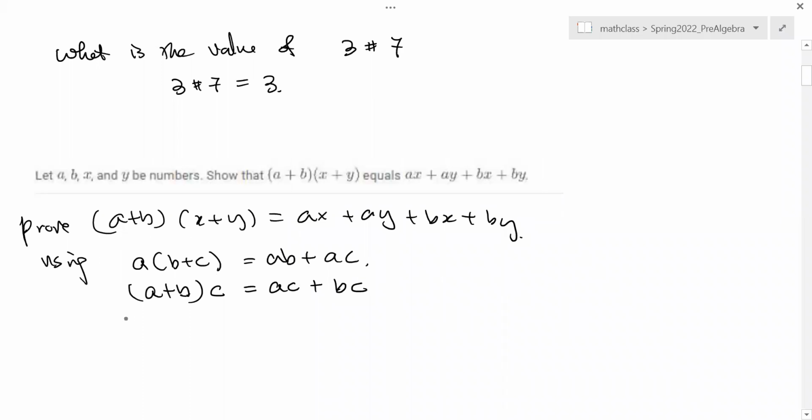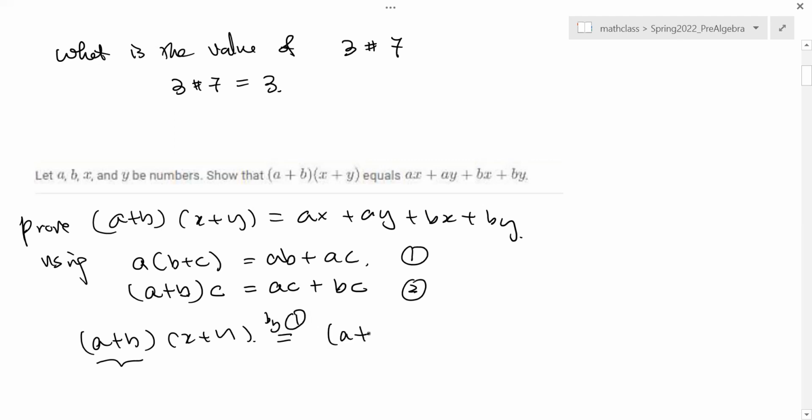Now, if we have (a plus b)(x plus y), you multiply. You view a plus b as one number. According to the first formula, which I'll call formula 1, with the second being formula 2, you can say by 1, it's very clear.